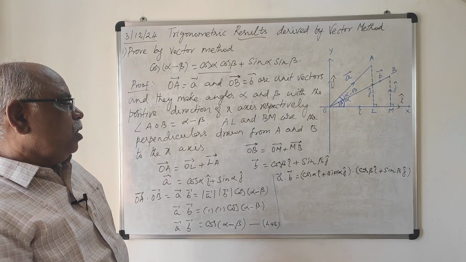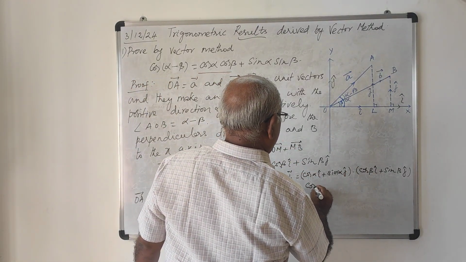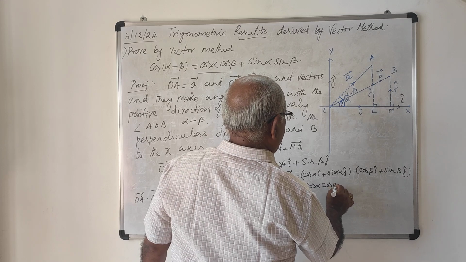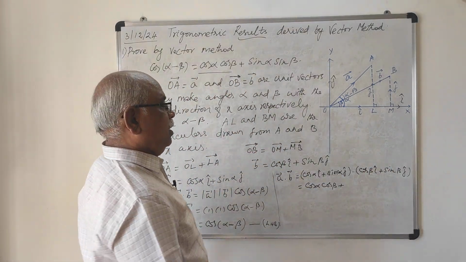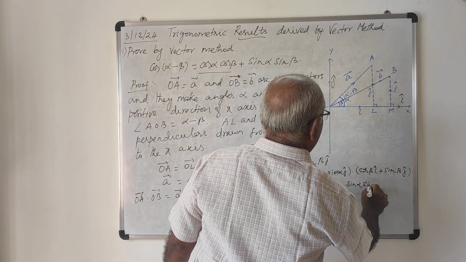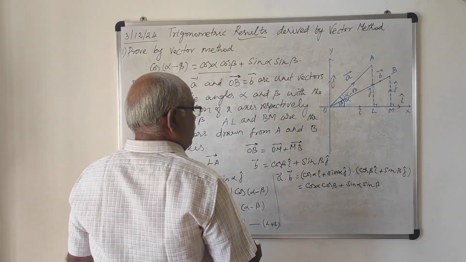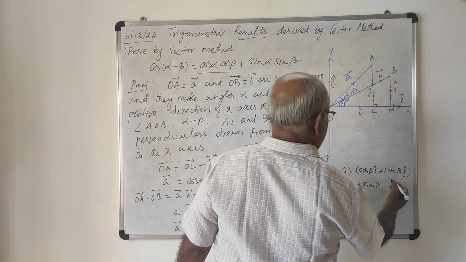Again by dot product, you know i dot i is 1, so this is cos alpha cos beta, plus j dot j is 1, you get sin alpha into sin beta. So this is your right hand side.